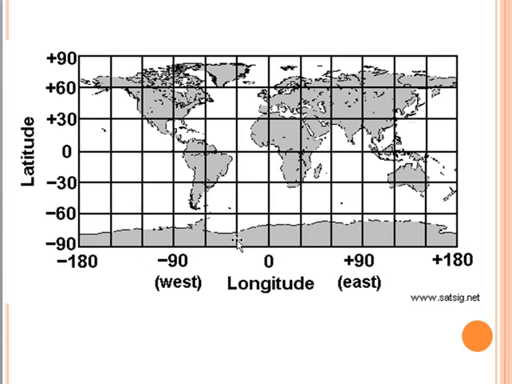This would be 30 degrees west, 60 degrees, 90 degrees, 120 degrees, 150 degrees, and 180 degrees western hemisphere. The equator is at 0 degrees latitude, and again, latitude only goes to 90 degrees north or 90 degrees south.